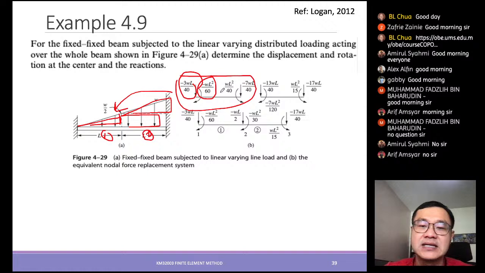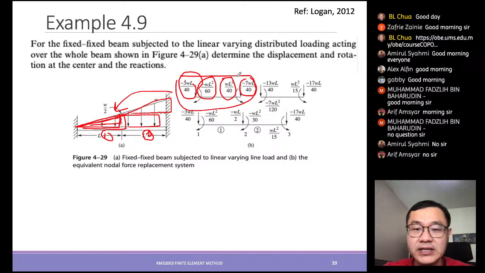Same thing for the other side: this is the load and this is the moment due to this non-uniform distributed load. For the other side you should have something similar, 3 and 7 should be there.